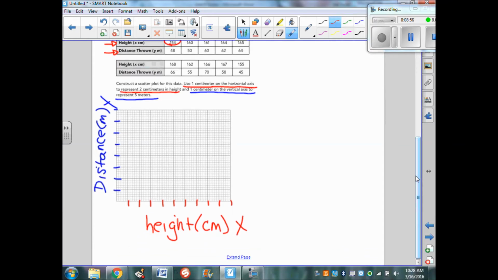Well, I certainly can't start at 0, but we know 0 is right here at the corner. So we're going to put that little break in the data there, to represent everything else leading up to that. So what if I start with 152 there, and then 154, and then we're counting by 2s, because that's what it told us to count by.